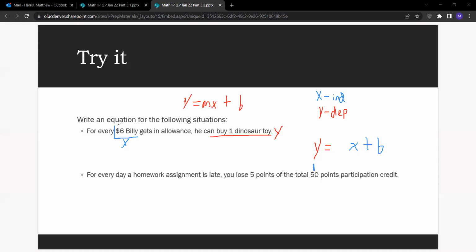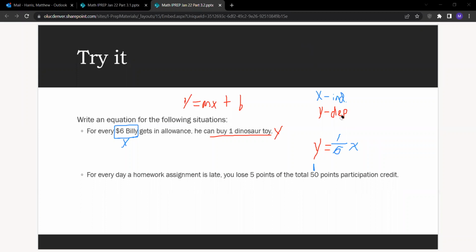And if we need $6 to get one toy, that means a $1 bill has 1/6 the value of a dinosaur toy. So if y is equal to 1, if a dinosaur toy is equal to 1, then $1 is worth 1/6. This can get a little confusing at first, but once you analyze your equation, it's not as bad.